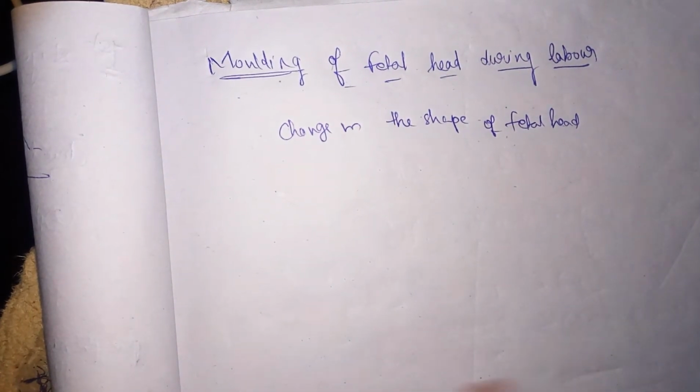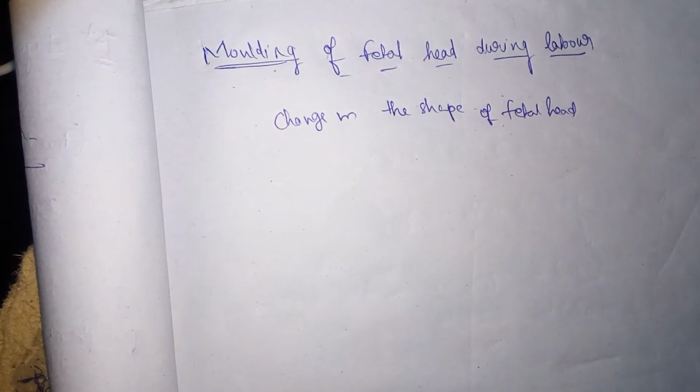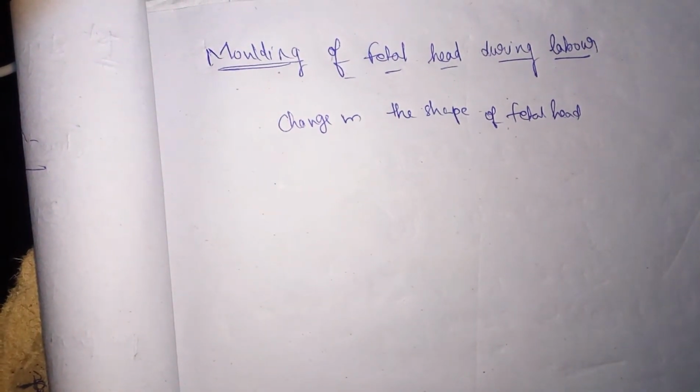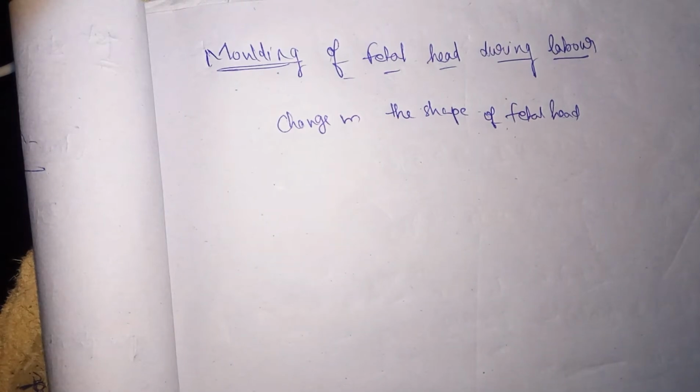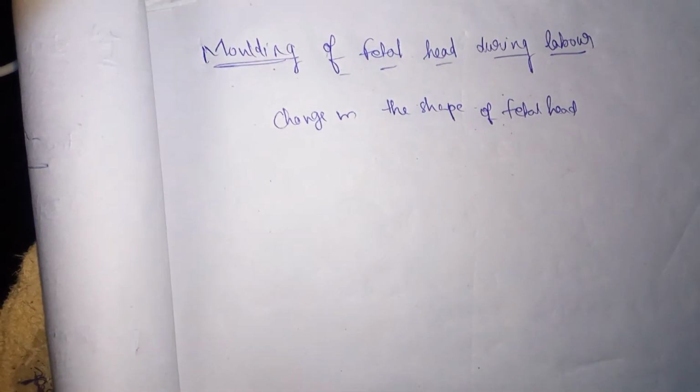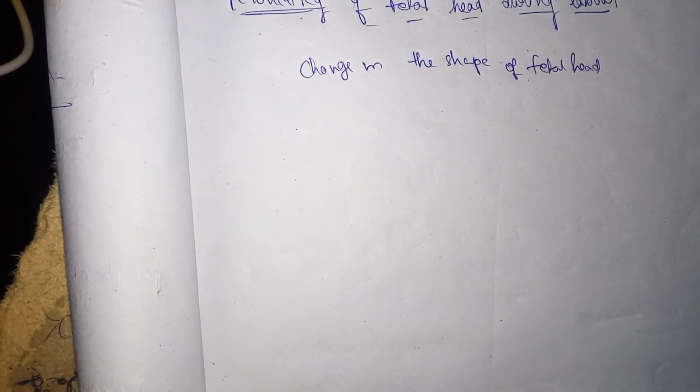So when the birth canal is somewhat resistant to the passage of fetal head, it changes its shape so that it can pass through the birth canal. So to pass through the birth canal, the fetus changes its head shape. This is what is called molding.